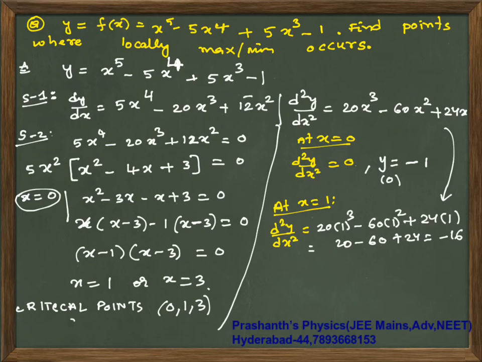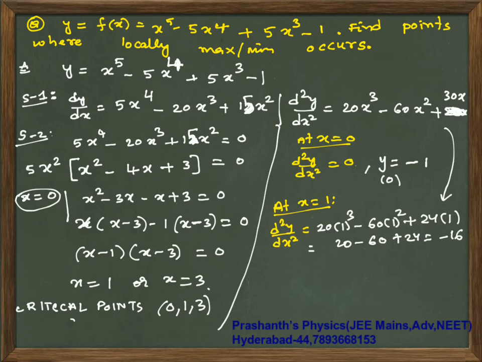Sorry, I have done a calculation mistake. This is 15. So this is not 24 dy by dx, this is 30x.